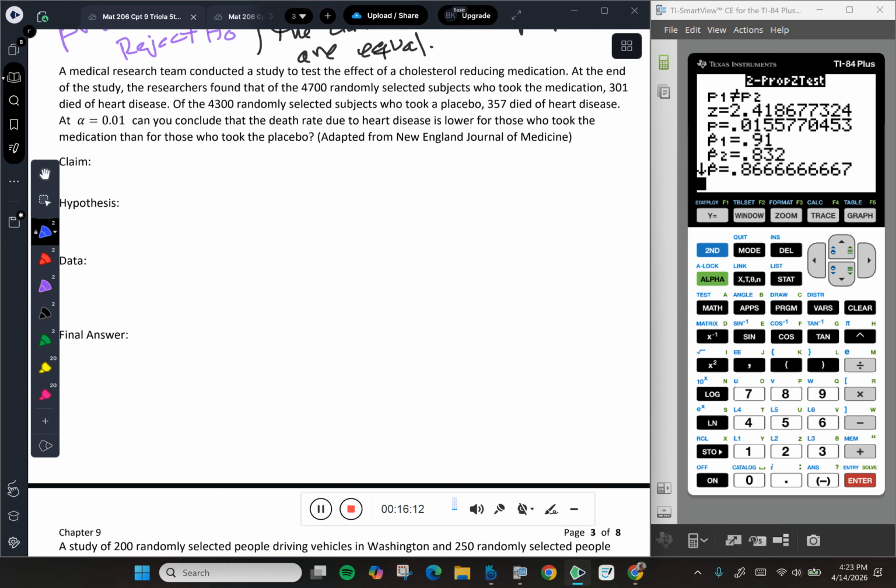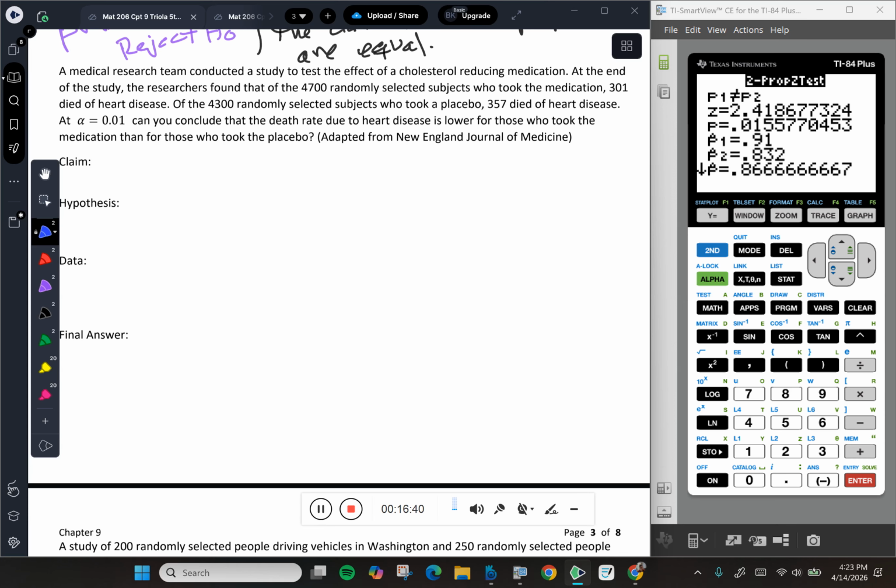The researchers found that of the 4,700 randomly selected subjects who took the medication, 301 died of heart disease. And of the 4,300 randomly selected subjects who took the placebo, 357 died of heart disease. At a significance level of 0.01, can you conclude that the death rate due to heart disease is lower for those who took the medication than for those who took the placebo?